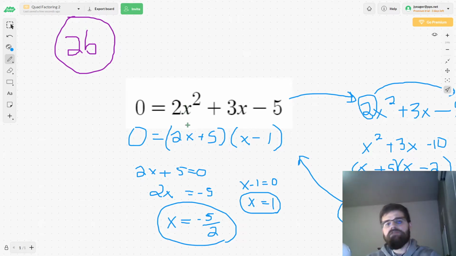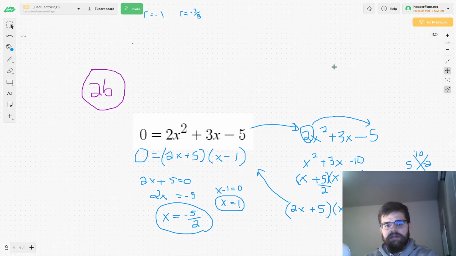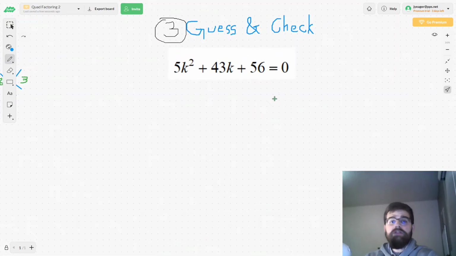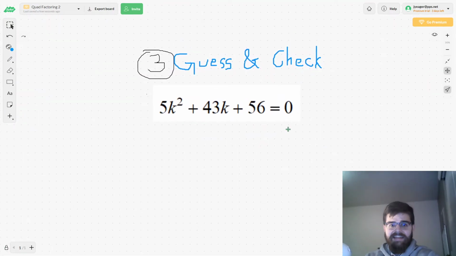Although we don't have it very, very simple, where we have x times x, right? It's not that simple. But there's only one way that we can multiply to get 2x squared, pretty much, right? 2x times x. So the next thing I'm going to show you here is just using kind of guessing and checking. And that can be really, really useful for a problem like this.